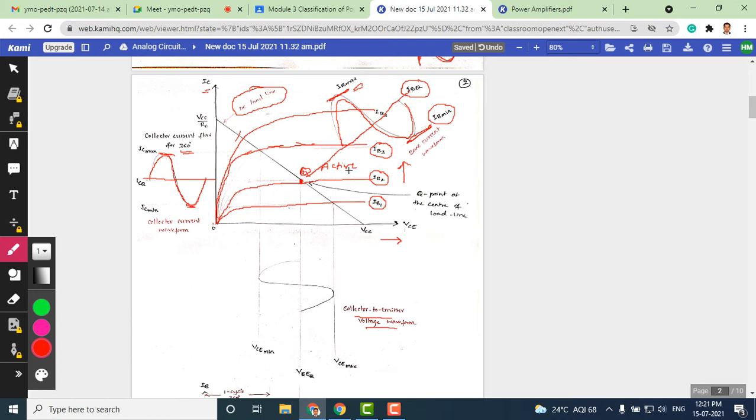When you observe the waveforms of an amplifier, you normally apply the input current and observe the output collector current waveform. If you observe, these two will be in phase. There is no phase change. But if you observe the collector emitter voltage, there will be a 180-degree phase change.